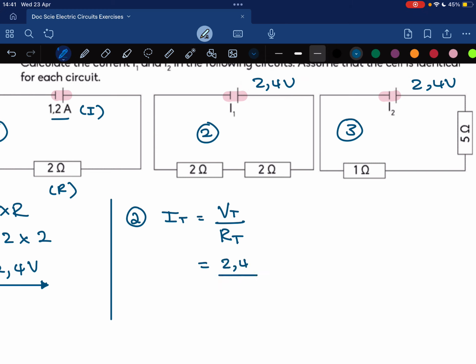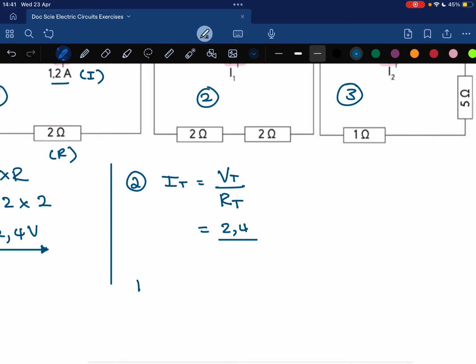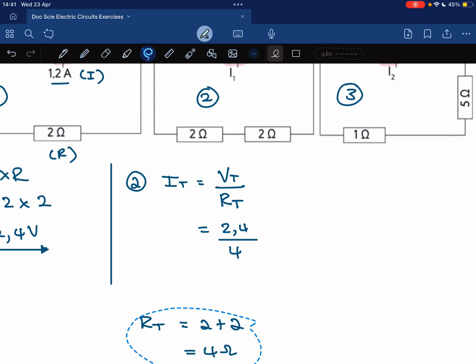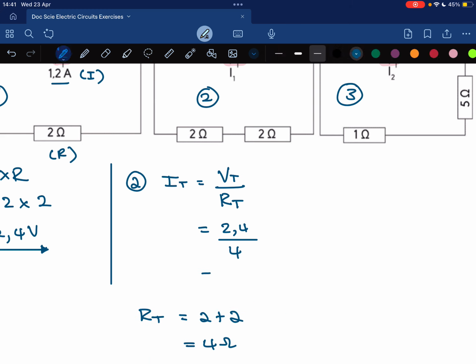The total resistance I don't know, but I do know that to calculate R total for a series circuit, it's going to be equal to 2 plus 2, which is just 4 ohms. So now I can put that in the calculator and I get the total current to be 0.6 amps.